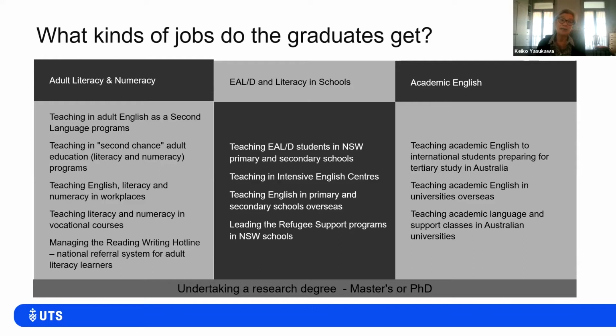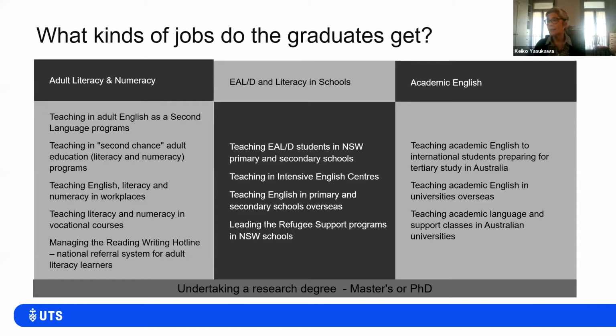There are graduates who are teaching English or literacy or numeracy in workplaces. Many employers engage adult educators to help their employees with English language, literacy, and numeracy needs that they identify in their workplace. A lot of our graduates are working in vocational programs, helping vocational learners.